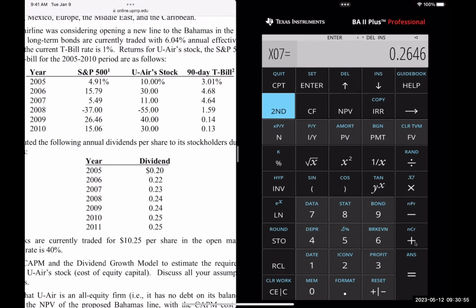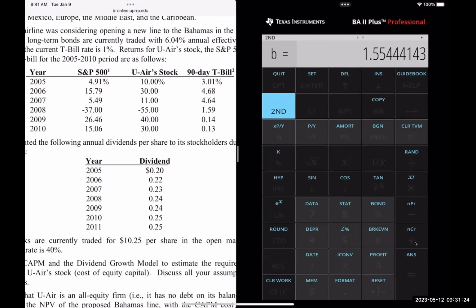I think I made the mistake here. The beta is 1.552. Then second stat, and you work through to get the B. Something's off, you have 552. Maybe I entered something wrong, because 552 makes more sense, it makes me remember.